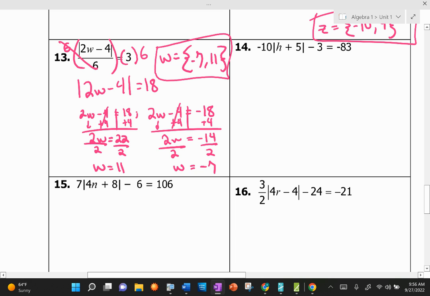Okay, 13's up there. Now I would like for you to do 14. Okay, 14 has 2 different things that you're going to have to move. See if you can figure out the right order to move them in.